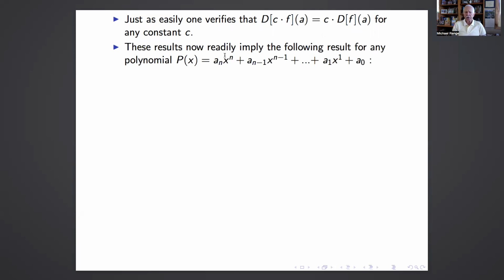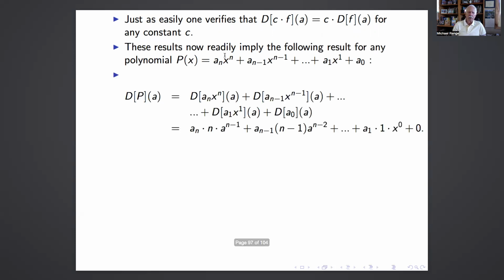So these results now readily imply the following for any polynomial of degree n, namely the derivative of p at a: you apply the derivative to each summand by the rules that we just verified. This gives us a sub n, the constant, comes out as a factor, then n times a to the power n minus 1.